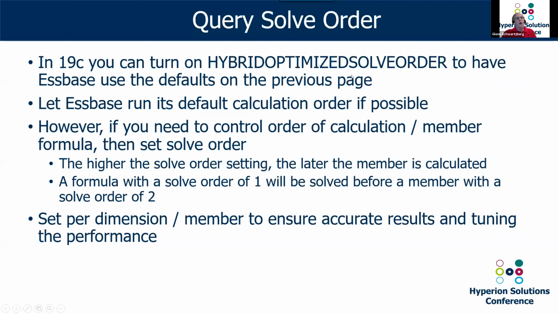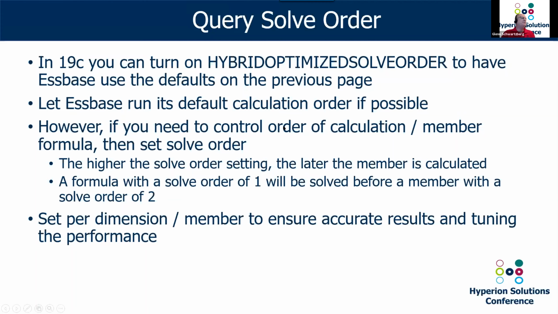So what you're going to want to do is set your solve orders. First, I let Essbase run in its default order, and I see if I have incorrect results, or I see what the performance is. And then I'll go ahead and try changing the solve order of members.